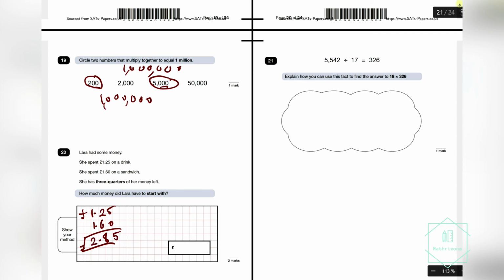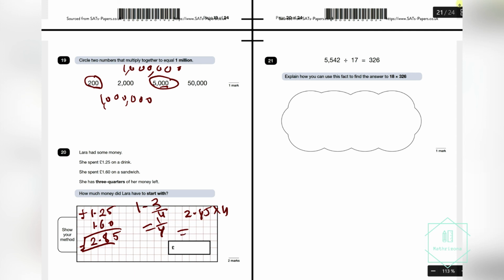So this is the money she spent on the drink and sandwich, and she has three quarters left. If we say the full money is 1 and three quarters is left, that means she spent 1 by 4, which is a quarter. That means if we multiply 2.85 times 4, that will give us the full value.